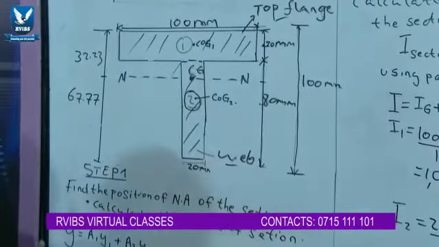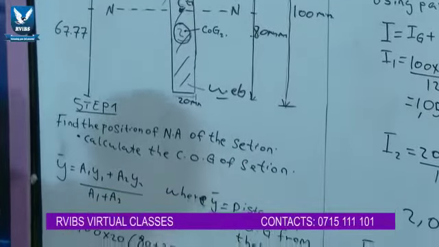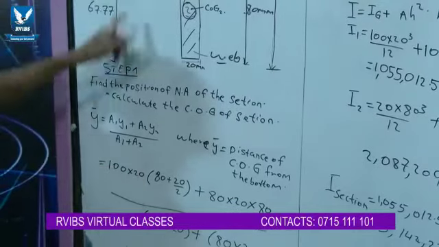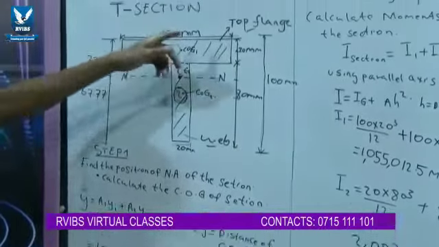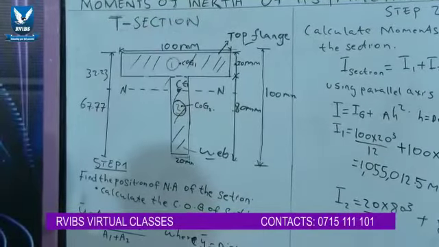For example, in section 1, we are going to see that the area A1 is equal to 100 times 20. As you can see, the base of the section is 100 and the thickness is 20.